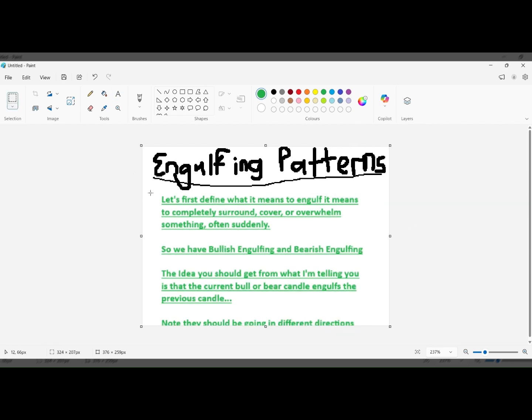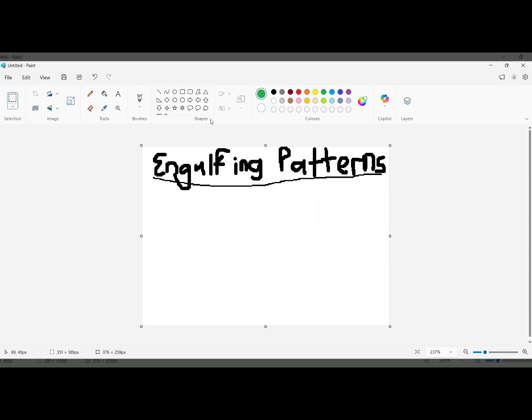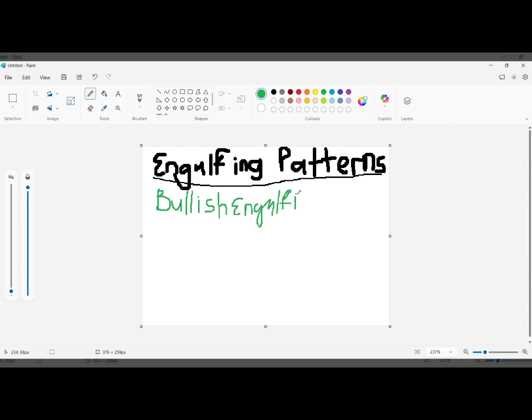So let's first start identifying a bullish engulfing and how you can see it. What is a bullish engulfing? We will start by drawing the candles and how the pattern looks. You have a bearish candlestick going to the downside, and then you will have a candlestick that opens where the bearish candlestick closed, and it will close above the previous open.